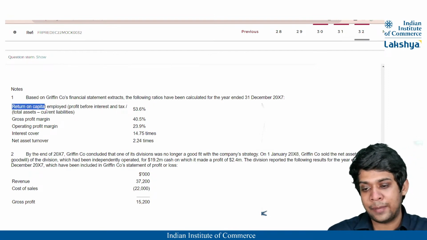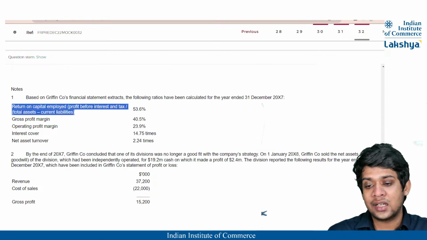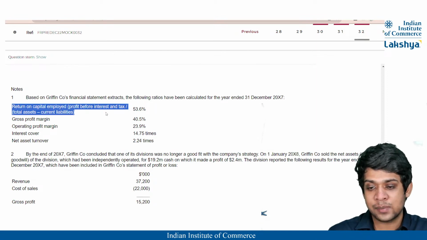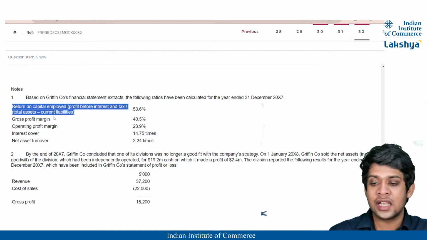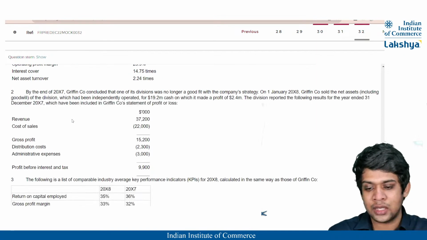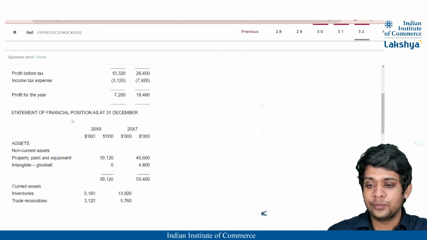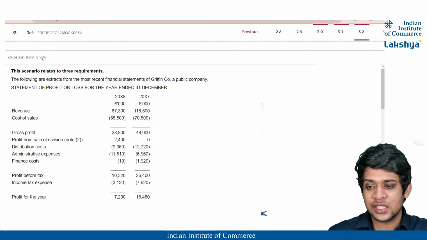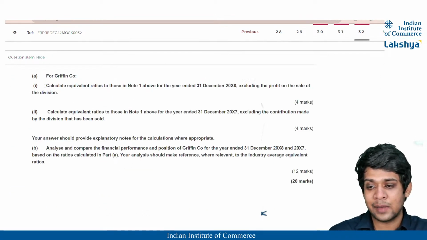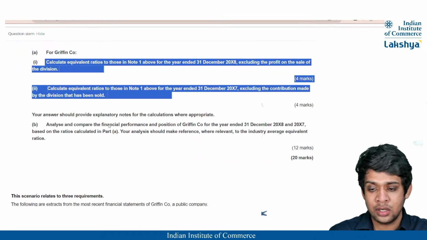Yes, also return on capital employed. So 5 ratios. And return on capital employed is calculated as profit before interest and tax divided by capital employed, which is calculated as total assets minus current liabilities. Okay. So we have been given this information and we will be scoring 8 marks for calculating these ratios here.